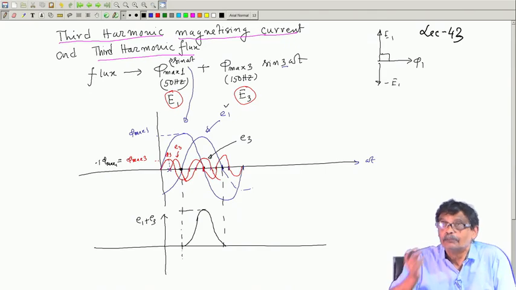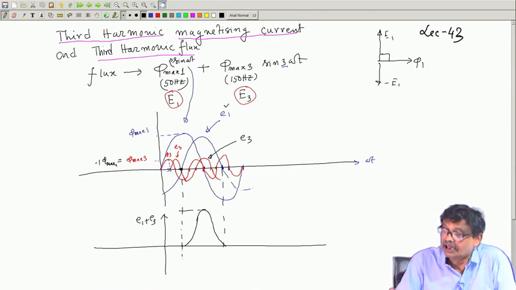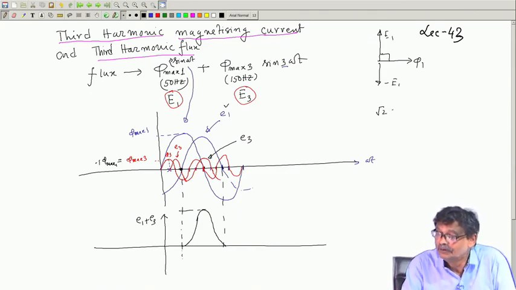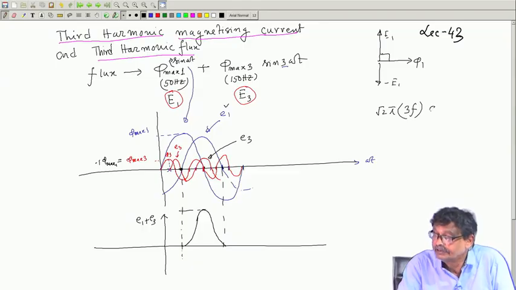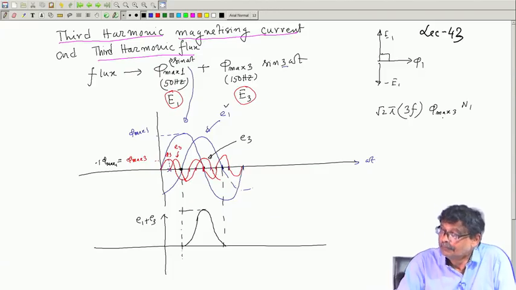Why? Because number of turns is more. Remember, the RMS voltage is root 2 pi f, for third harmonic is 3 f, root 2 pi f phi max 3 into same n 1. Therefore, that induced voltage will be then about 30% or so.